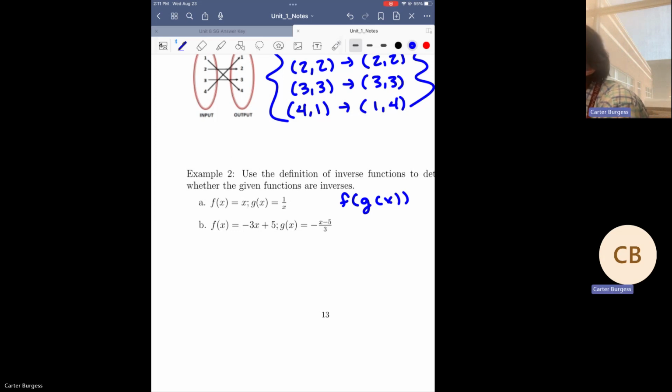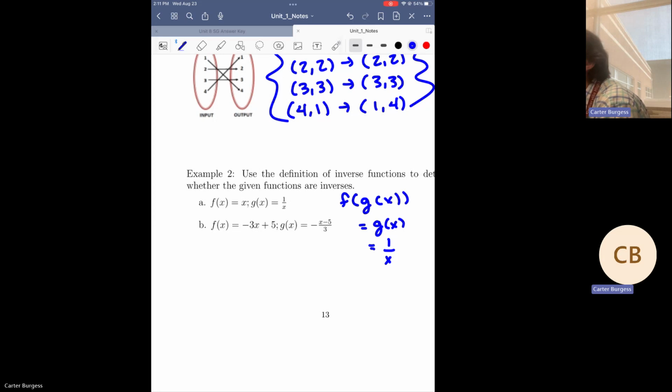It should just be equal to x. Okay, so what is this asking us to do? Well, we are taking our function f, and everywhere we see an x, we are replacing it with g of x. Well, that's fairly easy. This is going to be just g of x. And g of x, we already know what this is. This is just 1 over x.